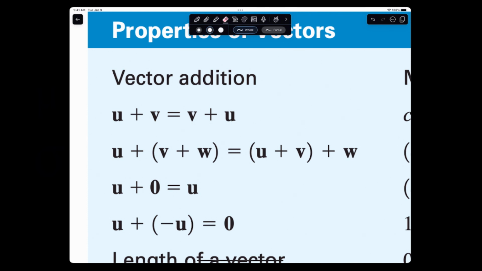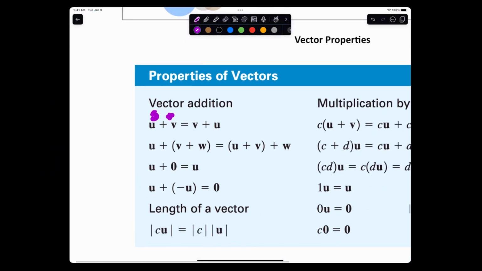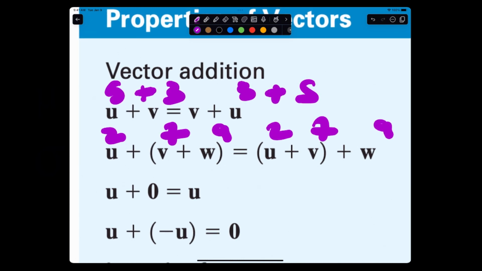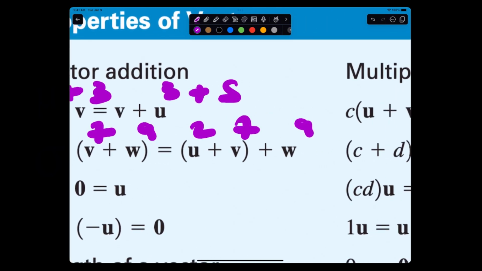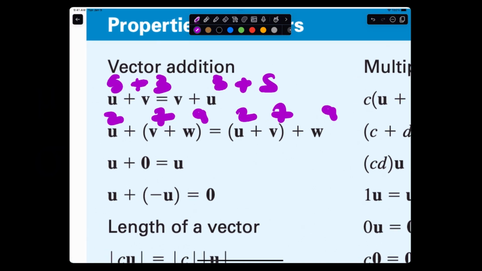In other words, that's the associative property. So associative property works with numbers too. Right? Like if I said 2, 7, 9, and you added those numbers, if you add the 7 and 9 before you add the 2, that's the same as saying I'm adding 2 plus 7 first and then adding 9.